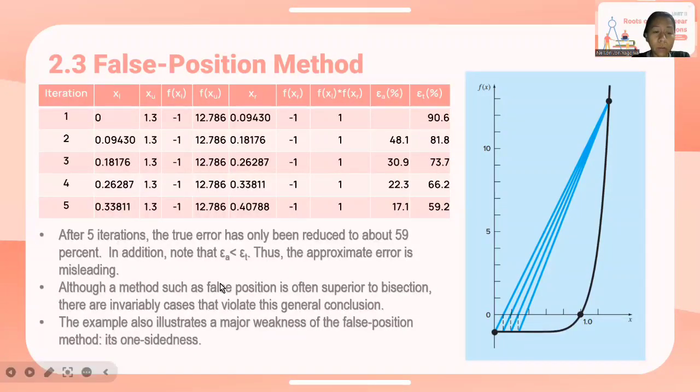Although a method such as false position is often superior to bisection, there are invariably cases that violate this general conclusion. The example also illustrates a major weakness of the false position method, which is its one-sidedness.